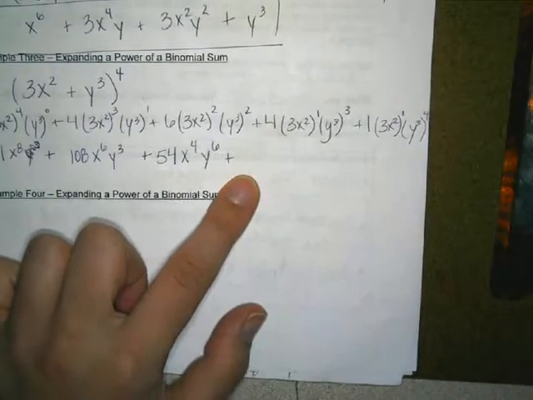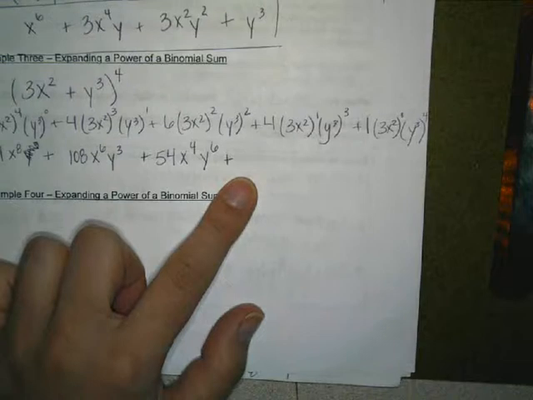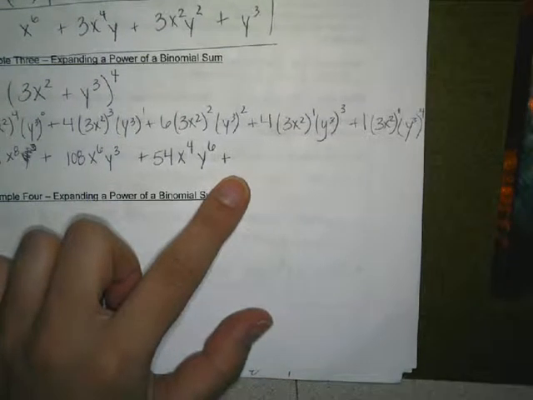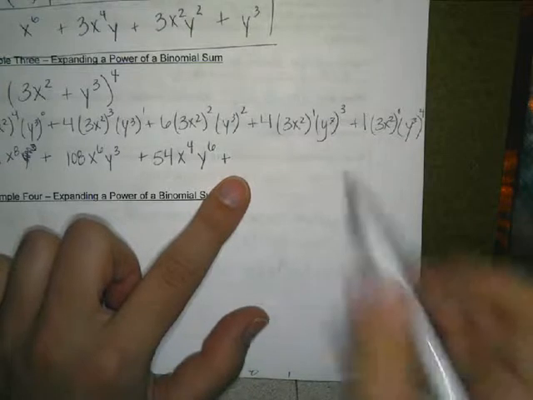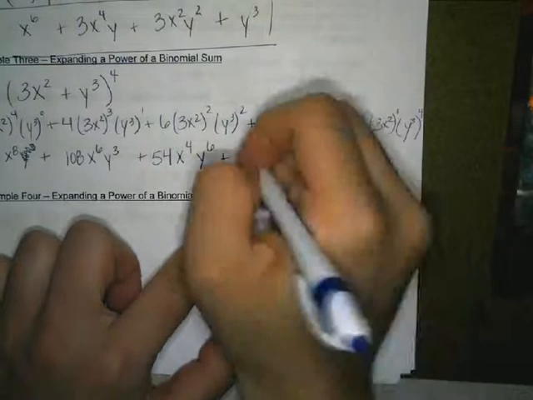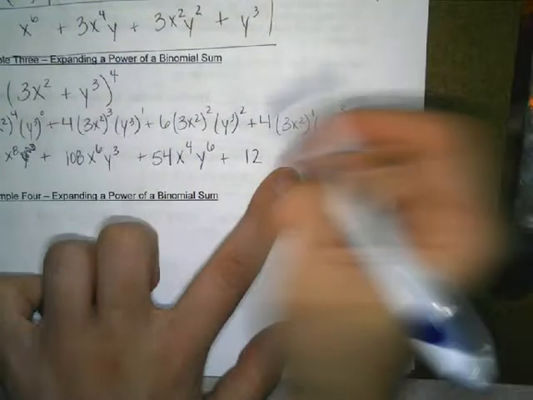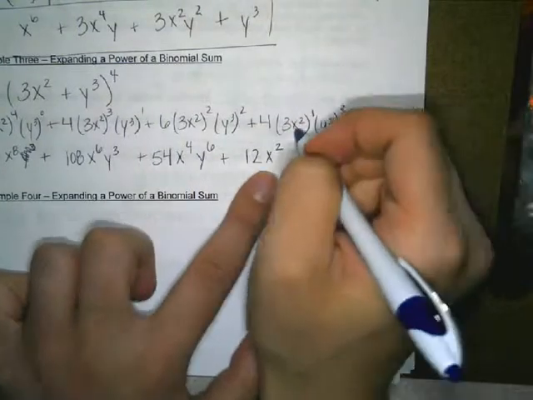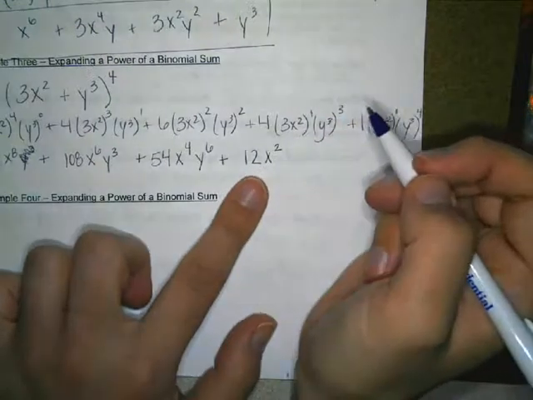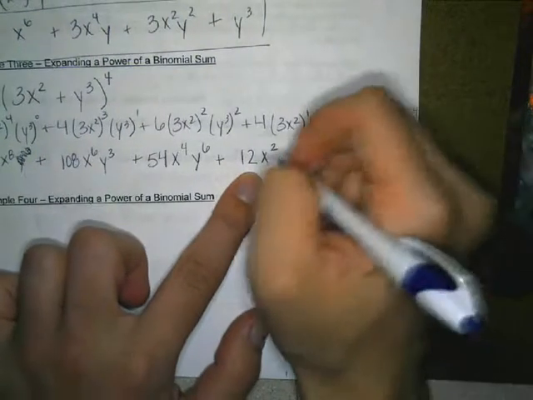What's the constant in my next term? The number in front. 4 times what, though? 3, right? Because I have 3 to the first, so it'll be 3 times 4 gives me 12. And then x squared, because 2 times 1 is just 2. And then y to the 9th, good.